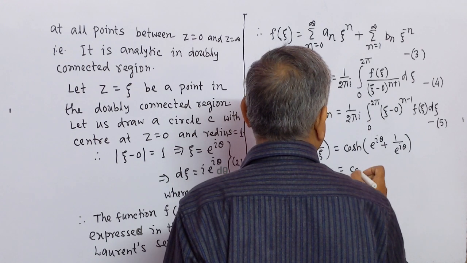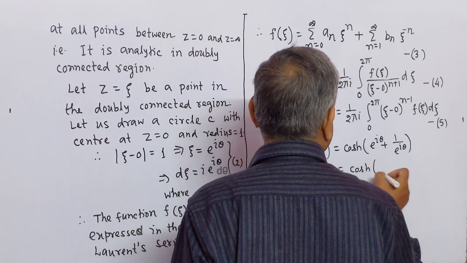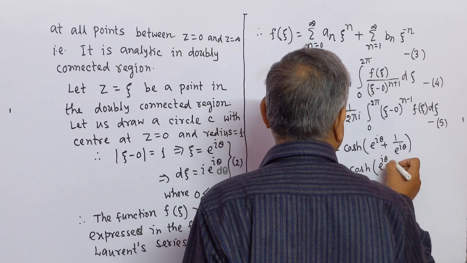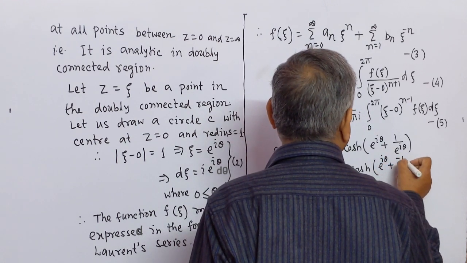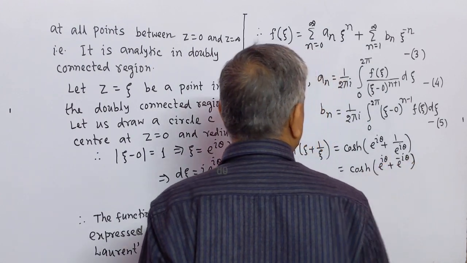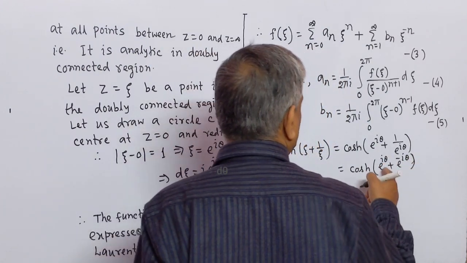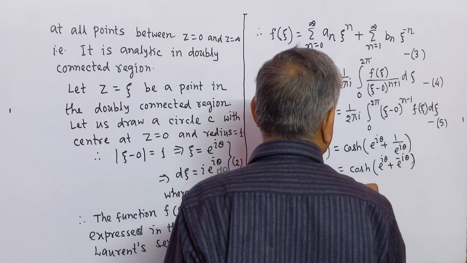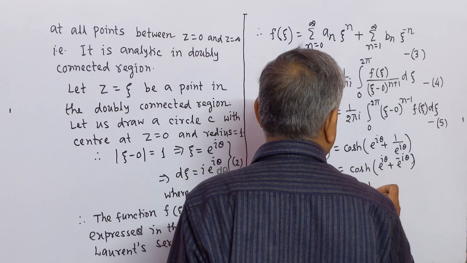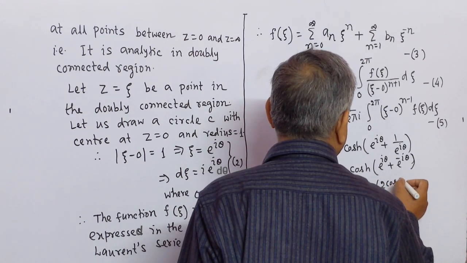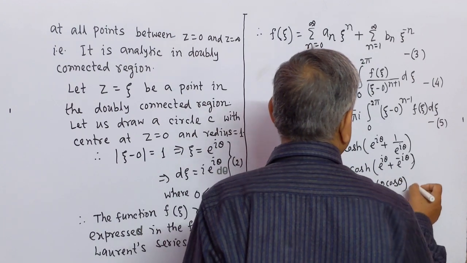This is equal to cosh(e to the power iθ plus e to the power minus iθ). Since e to the power iθ is cos θ plus i sin θ, and e to the power minus iθ is cos θ minus i sin θ, this is equal to cosh(2 cos θ). This is number 6.